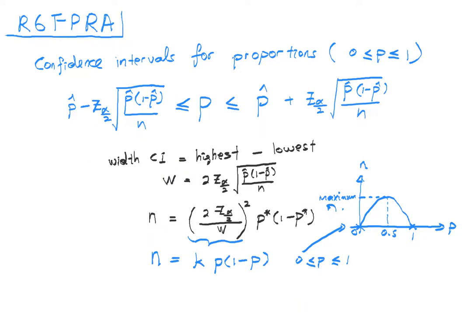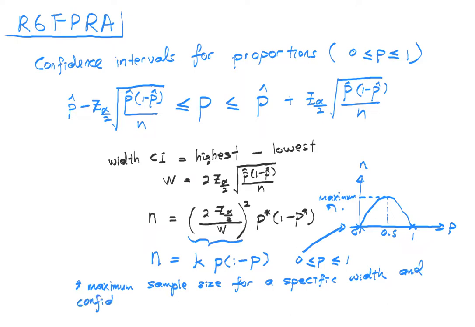From here, we always conclude that the maximum sample size for a specific width and confidence level always happens when P equals 0.5.